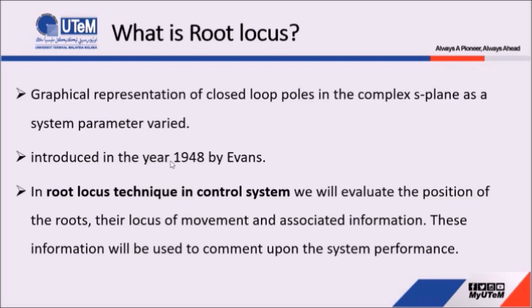This technique was introduced by Evans in 1948. Through this technique, we can evaluate the position of the roots, their locus of movement, and associated information. From all this information, we can analyze the performance of the system.